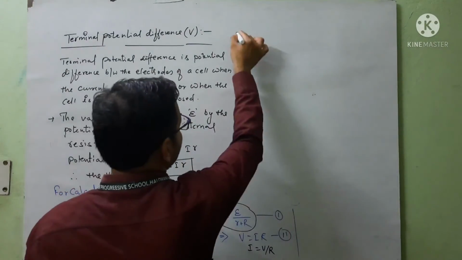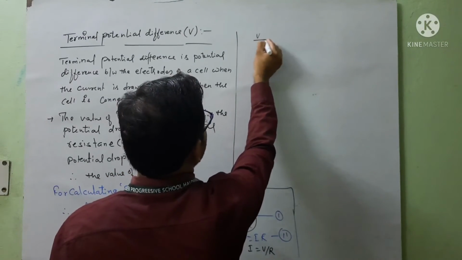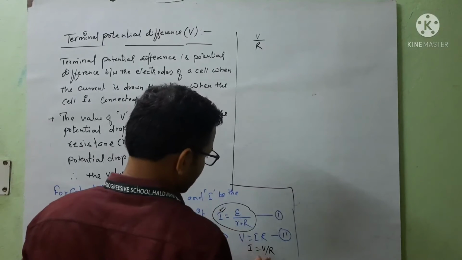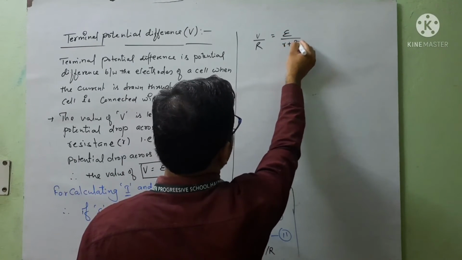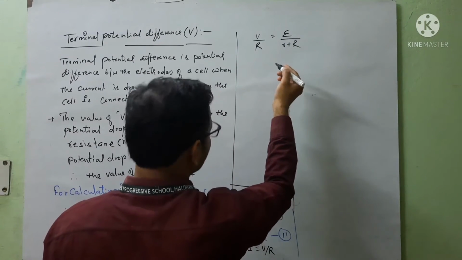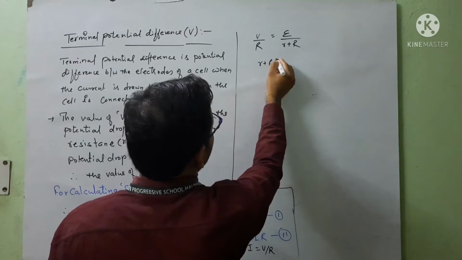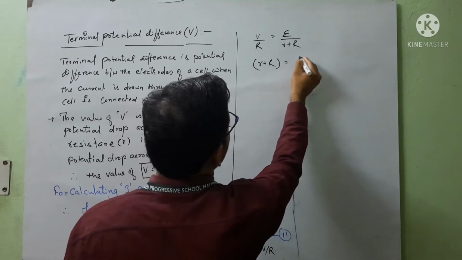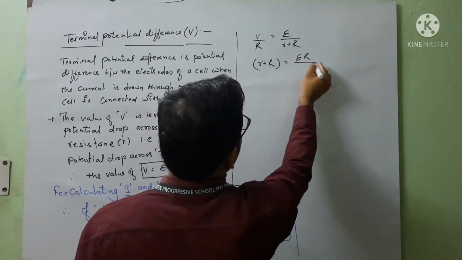See here, in place of I I will write V upon R is equal to epsilon over R plus r. By cross multiplication we will get R plus r is equal to epsilon R over V.